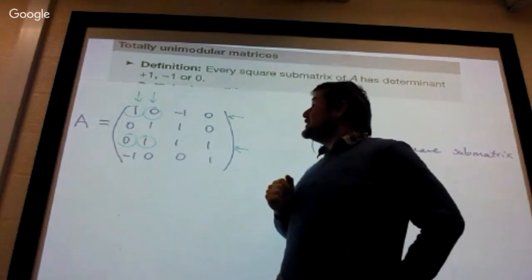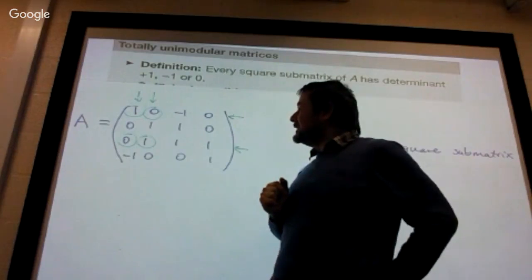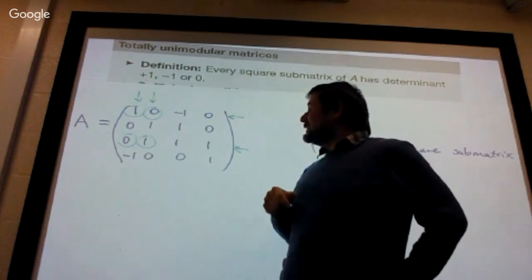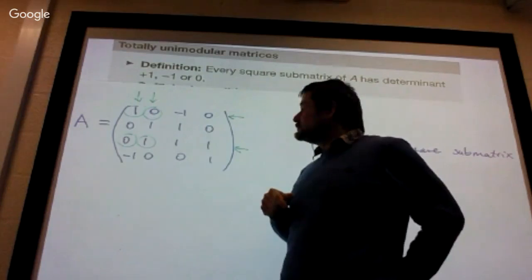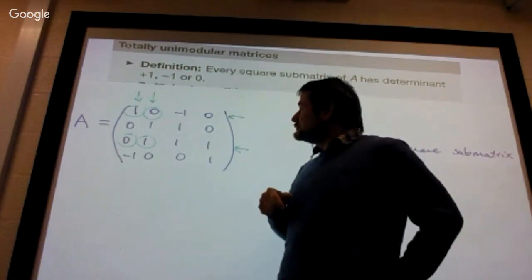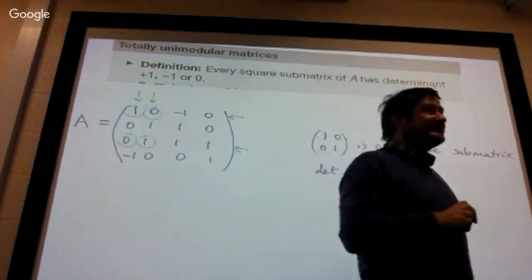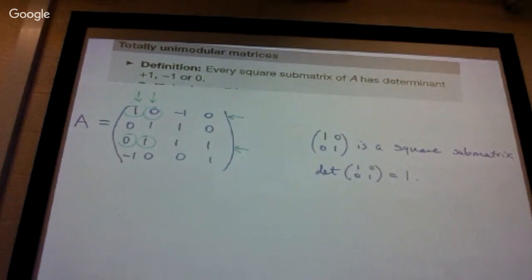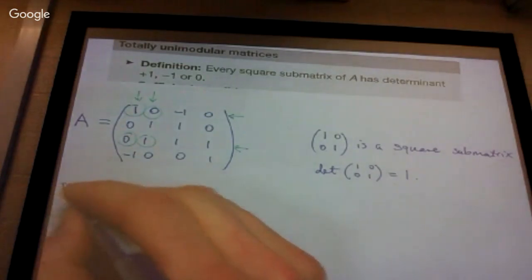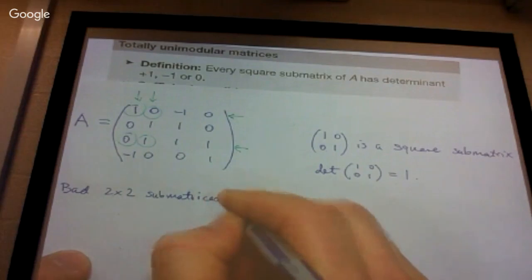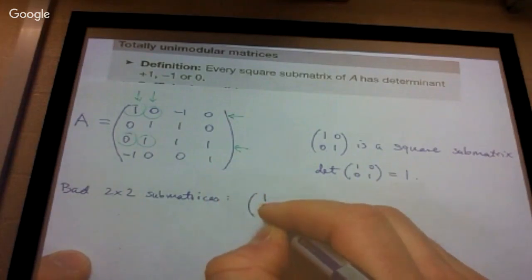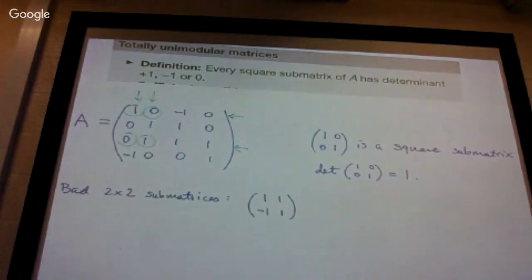Now for the 2 by 2, I have no idea. The only bad 2 by 2 submatrix, which doesn't have determinant of 1, 0, or -1, is if all entries are 1, like that, and you would have determinant something like this that gives you determinant 2.